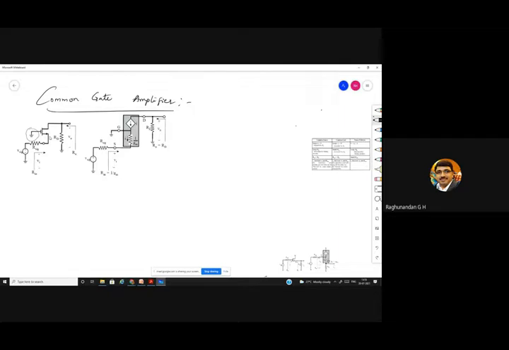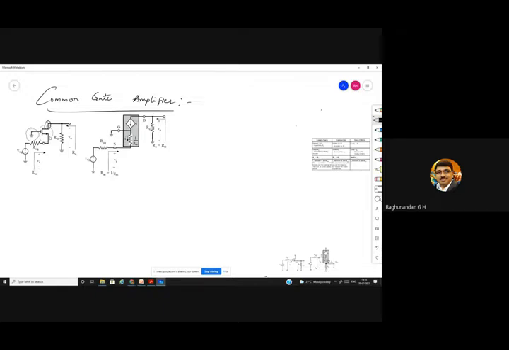Now in this case, we need to write the equivalent circuit for the MOSFET first. Then the rest of the things are just the attachments. Again, we are going to use the T model. Since the drain terminal is at the top, we write a current dependent current source.